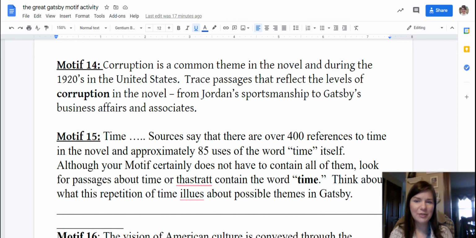And corruption was pretty common in the 1920s all the way up through the executive branch of government. And you're going to look at corruption. There is a professional golfer in our story that cheats all the time. There are illegal business practices going on. There's a lot of fraud.